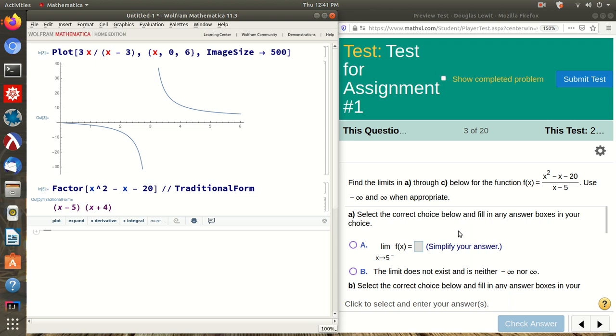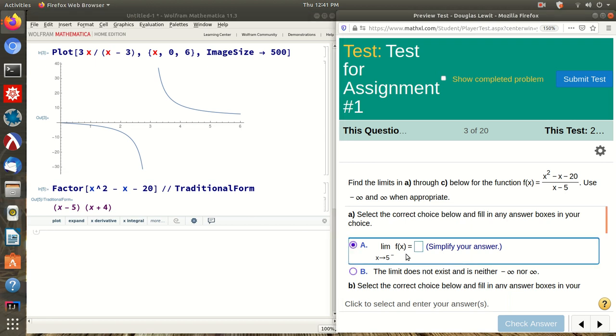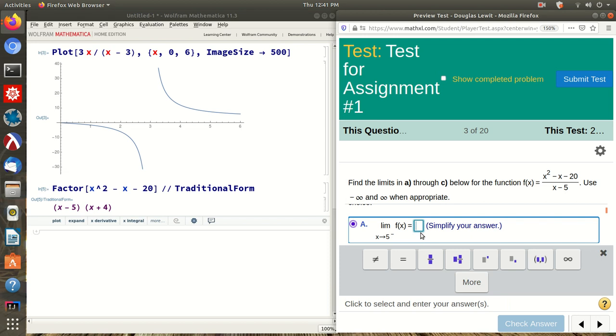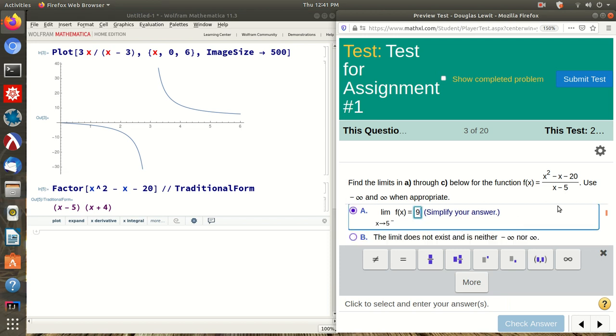So basically this is going to be the straight line x plus 4. The limit as x approaches 5 from the left side should be 9. 5 plus 4 is 9.